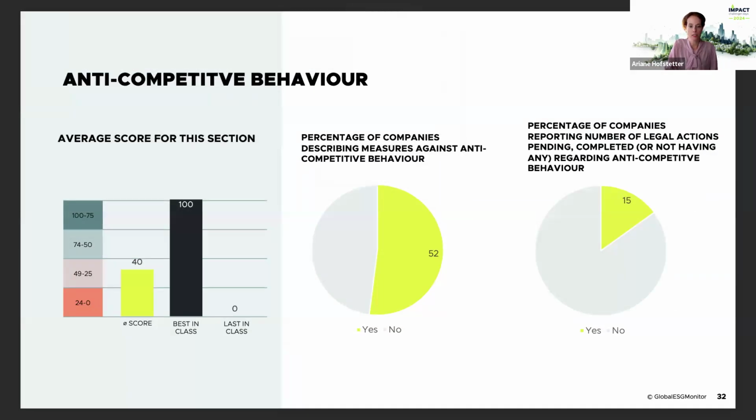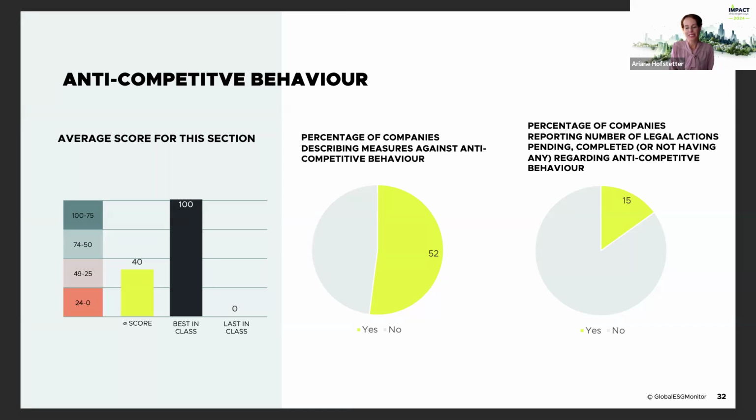Next case, not part of ESRS, but of GRI, is anti-competitive behavior, or to put it positively, fair competition. And here the overall score is 40% of all possible points. Best in class reaches 100% of all points. Last in class, 0 points. We brought 2 details. That's the percentage of companies describing measures against anti-competitive behavior, which has a share of 52%.